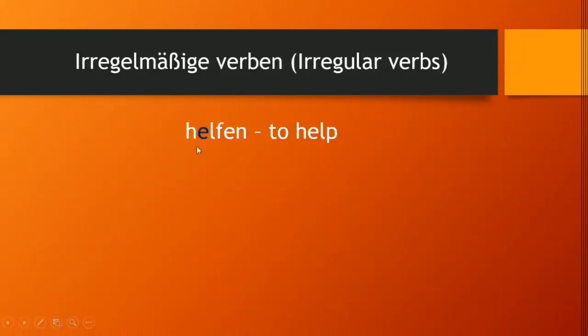So this verb helfen, which means to help. Over here, in the Verbstamm, we have what vowel? It's e. So over here, e changes to i. And this changes only for a few personal pronomen. It is du hilfst.